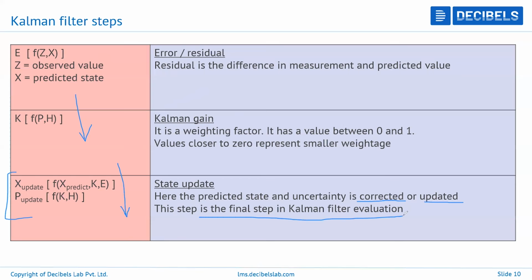This is the final step in the Kalman filter evaluation. All Kalman filters, irrespective of type, will contain all these steps. So this is the complete flow of the Kalman filter, including things beyond regular Kalman filters like EKF or adaptive Kalman filters. All of them consist of these steps, right?